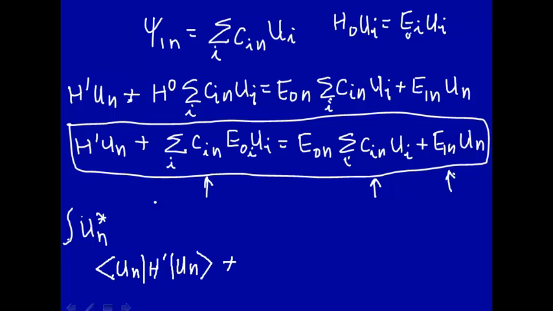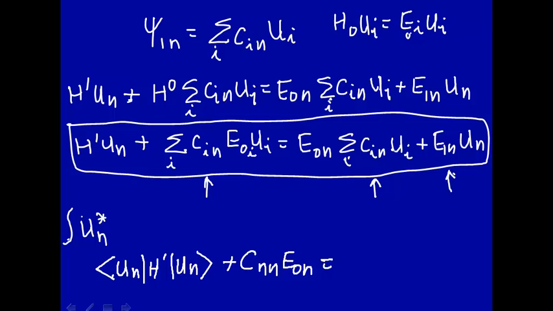So we integrate over all space, and we'll just have Cnn times E0 for the nth state, and then when i is equal to n and we integrate over space, since it's normalized, that'll be equal to 1. That is equal to, on this side, we do the same thing.